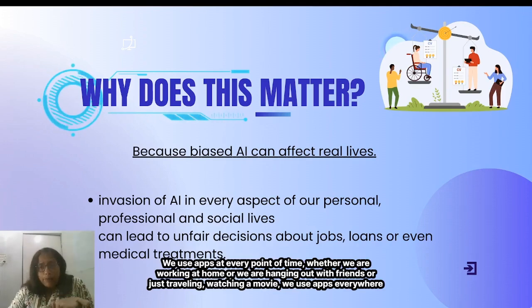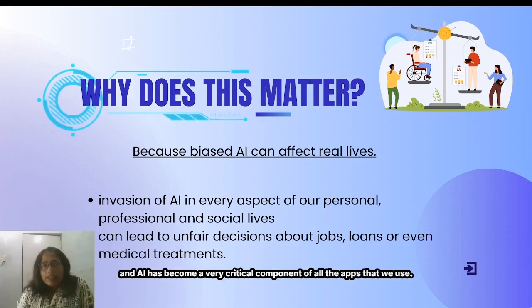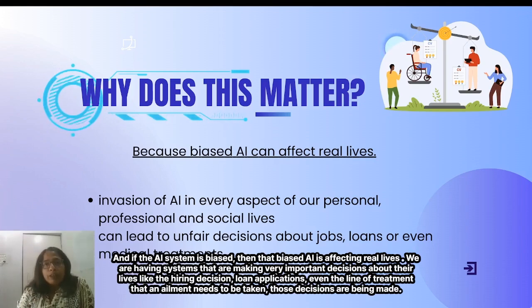We use apps at every point of time, whether we are working at home or we are hanging out with friends or just traveling, watching a movie. We use apps everywhere, and AI has become a very critical component of all the apps that we use, which means that AI systems are affecting real lives. And if the AI system is biased, then that biased AI is affecting real lives.